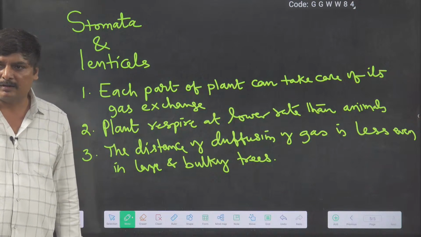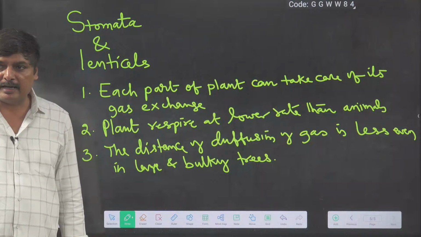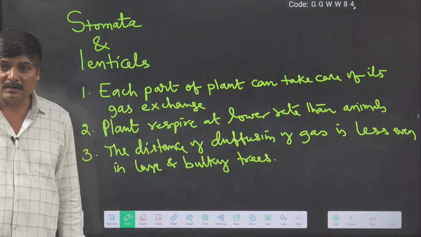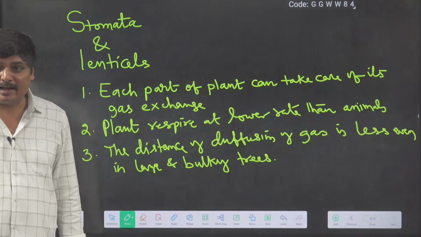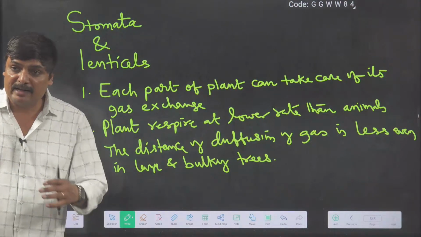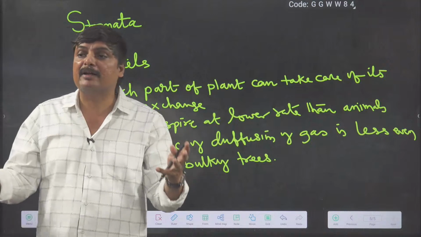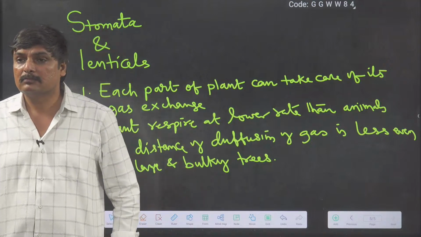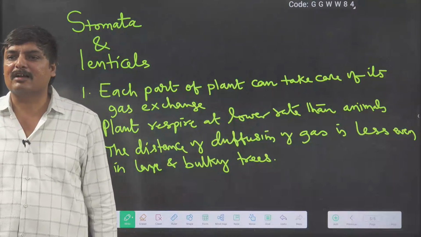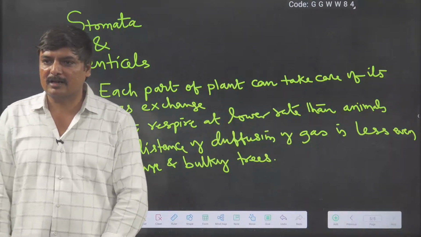Second one, plants respire at a lower rate than animals. And third one, the distance of diffusion of gas is less even in large and bulky trees like the banyan tree. That is why respiratory organs are absent. Okay, clear?